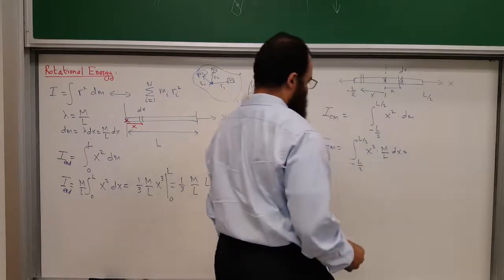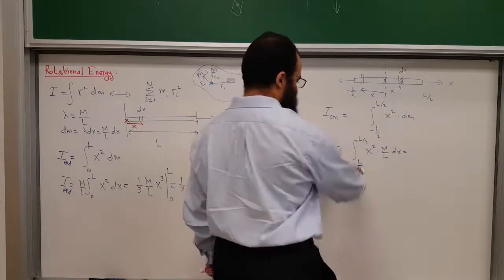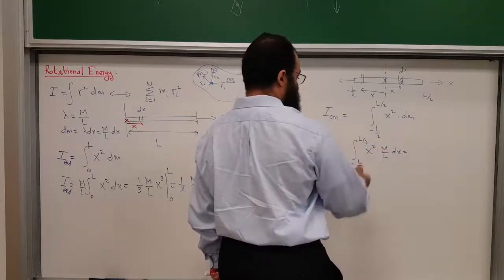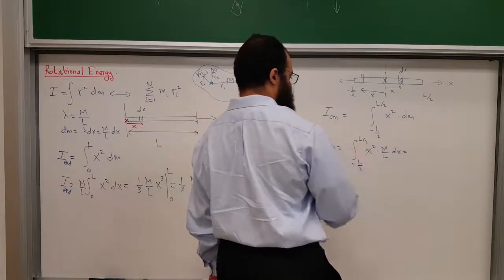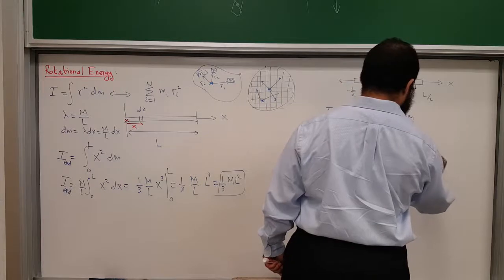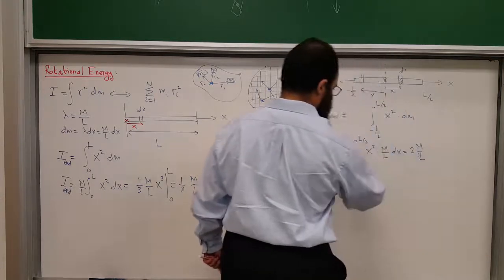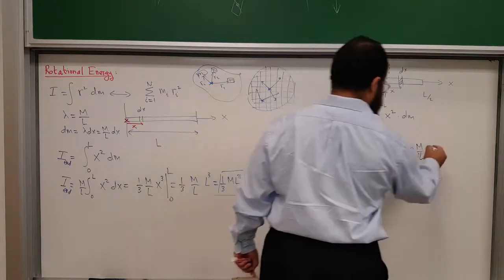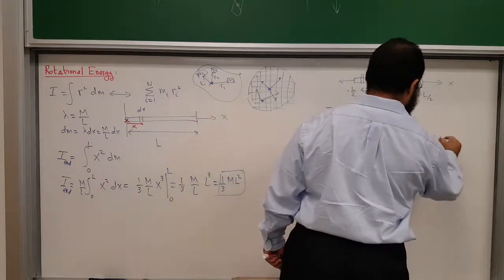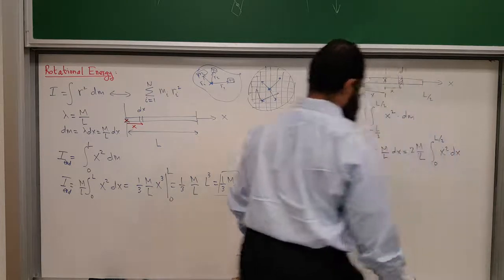And so here, by the way, since x squared is an even function, I could just integrate from 0 to L over 2 and double that integral. Just double it because it's an even function. So I have the m over L, which gets pulled out, and I'm going to double this and just integrate from 0 to L over 2 of x squared dx.